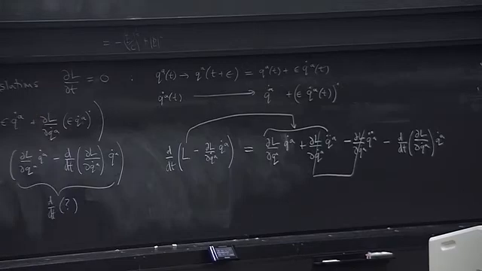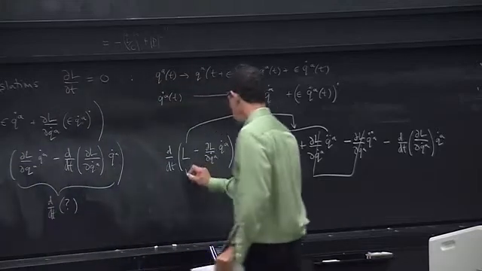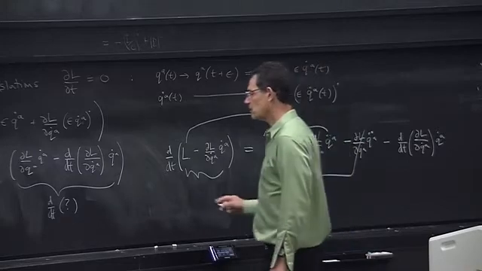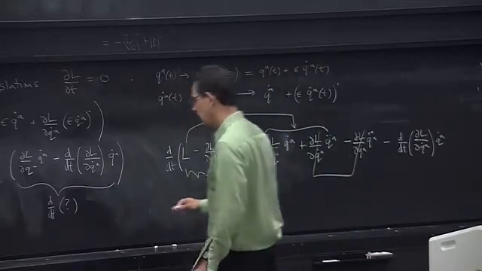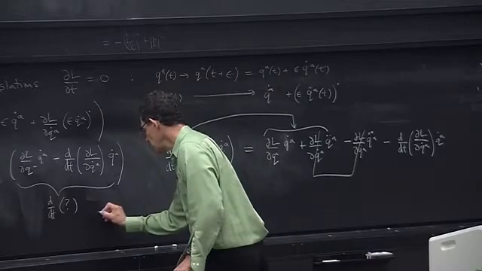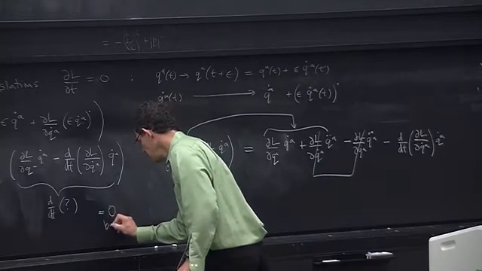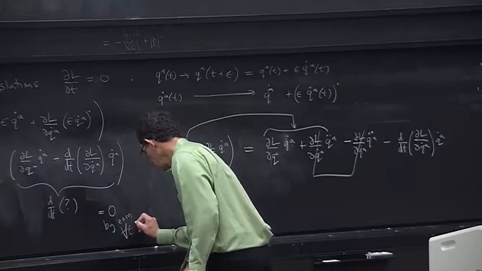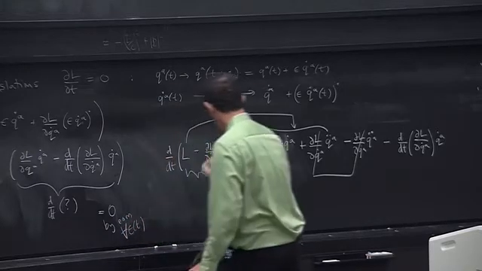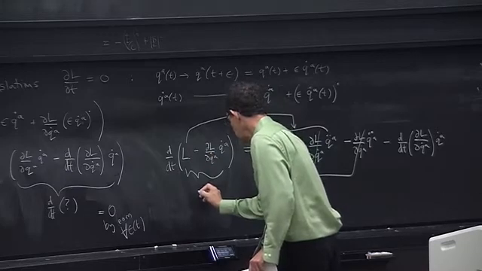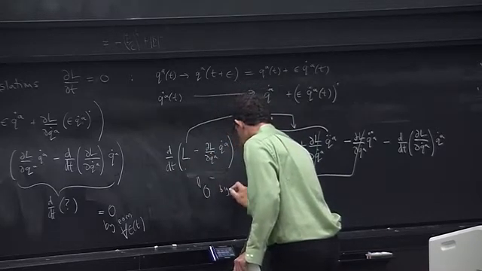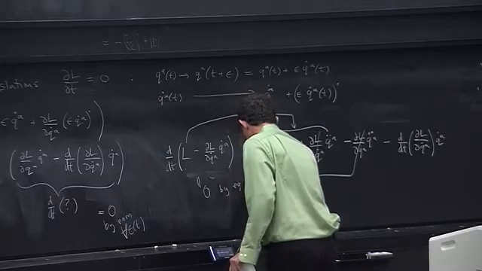It is d/dt of something, and the thing it is d/dt of is this. And so now we've proven that since this equals 0 by the equation of motion for all epsilon of t, d/dt of this equals 0 by the equation of motion.